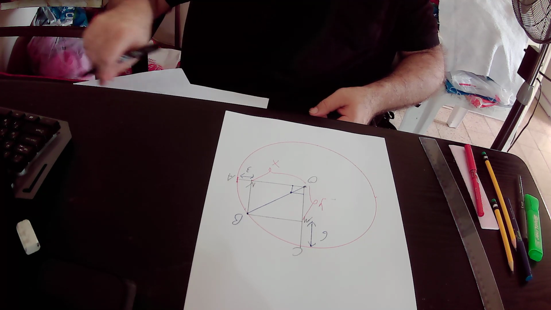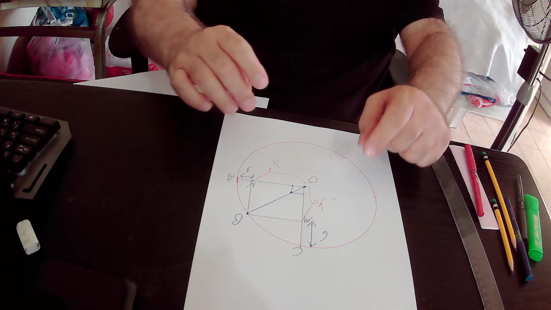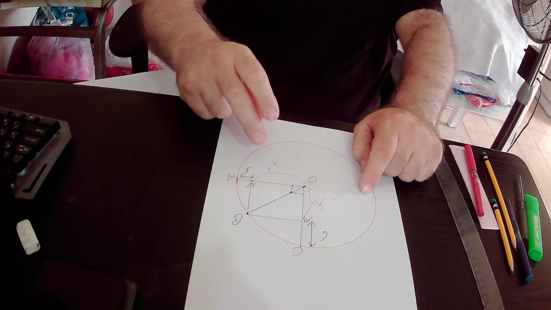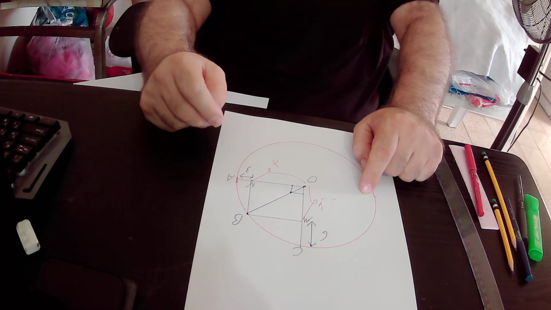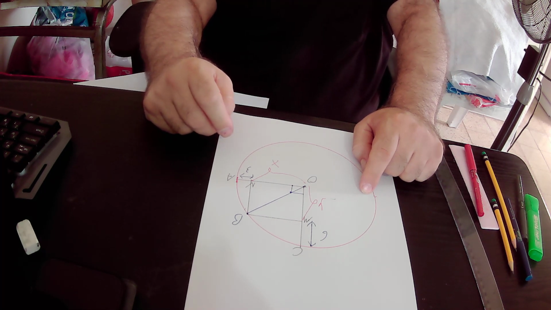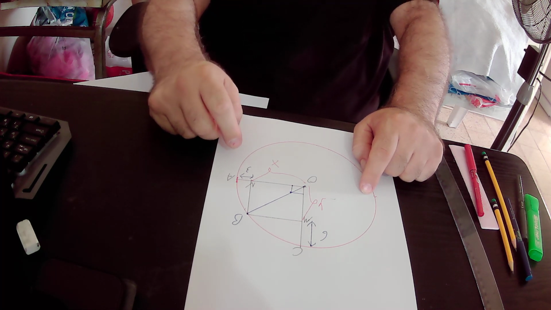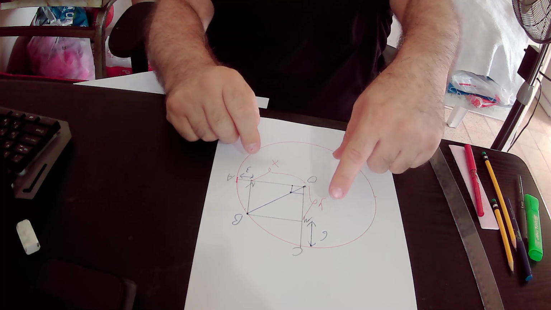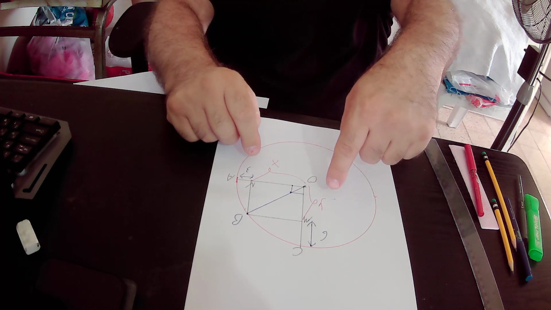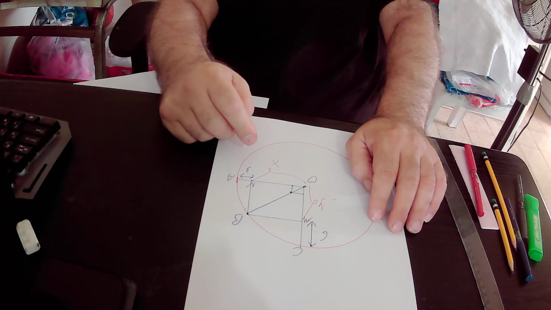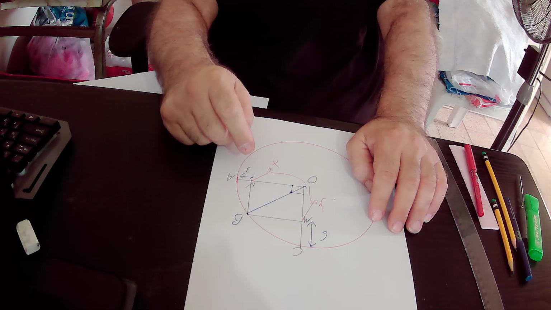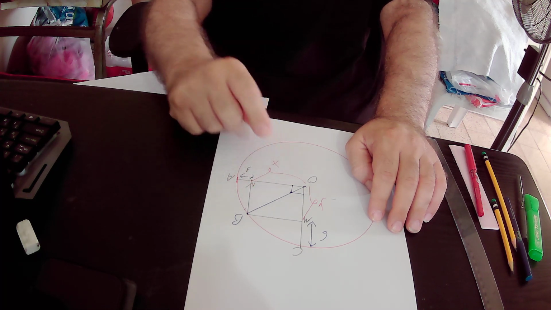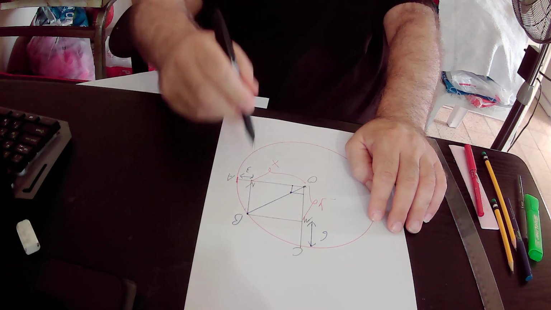But as I've already told you, MBNO is a rectangle, and in any rectangle the parallel sides are equal to each other. So if MO equals y, then the parallel side NB will also equal y.